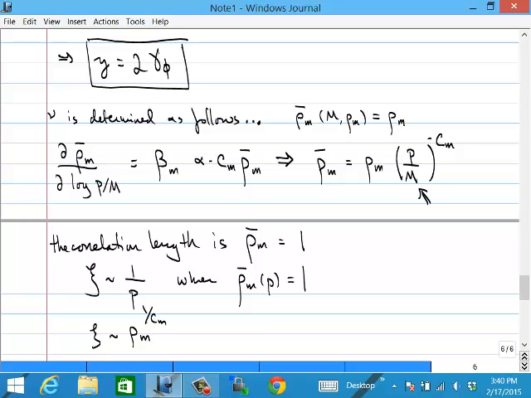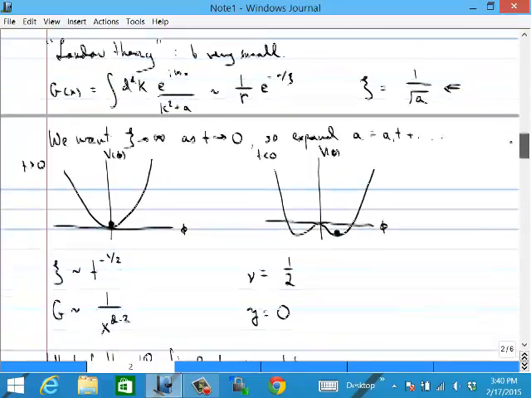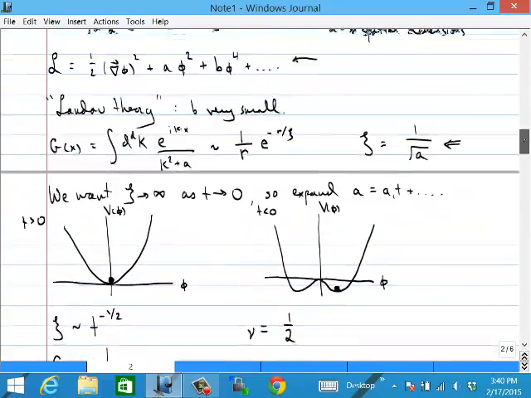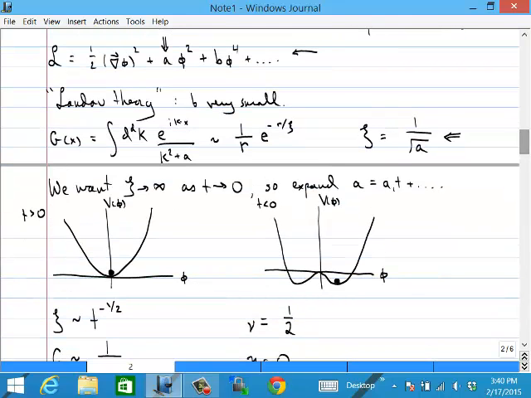Or, since remember that rho m is the parameter that I called A, just to remind you, rho m is just this parameter that I called A here, which is linear in t.